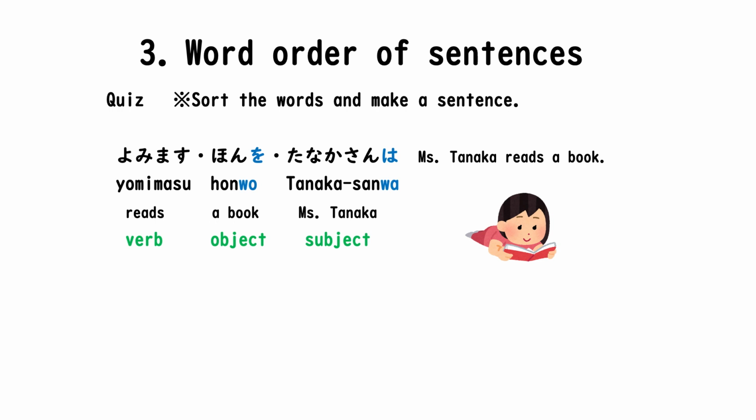And を is a particle that indicates the object. 田中さんは is the noun. 田中さん means Tanaka and the particle は represents the topic or subject of the sentence. Please rearrange these words to make a sentence. The meaning in English is Miss Tanaka reads a book.